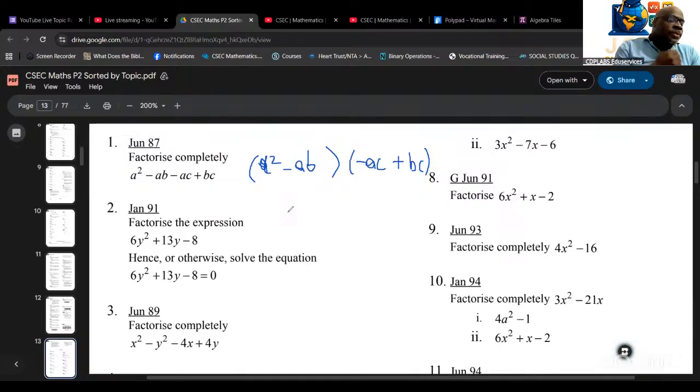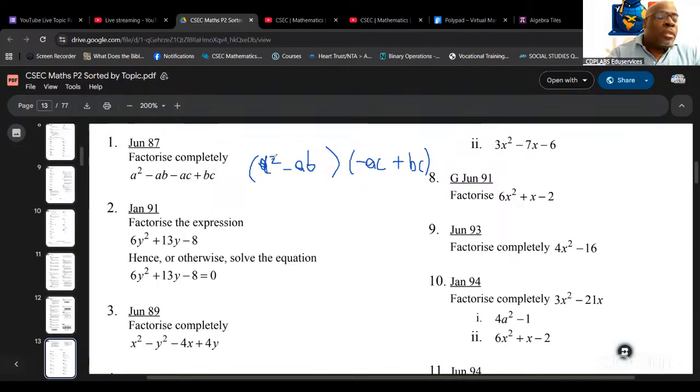So look at this now. If you look in the first set of parentheses, you will notice that the letter A is common to both expressions. Do you agree? If you agree, say yes in the chat.